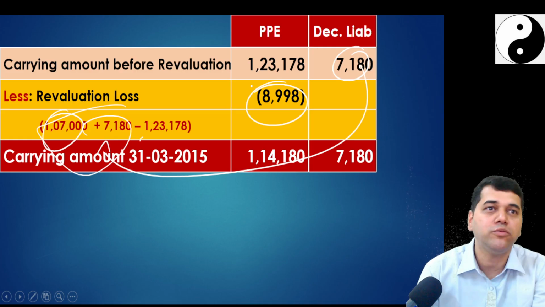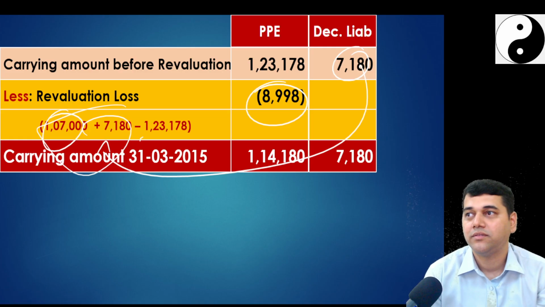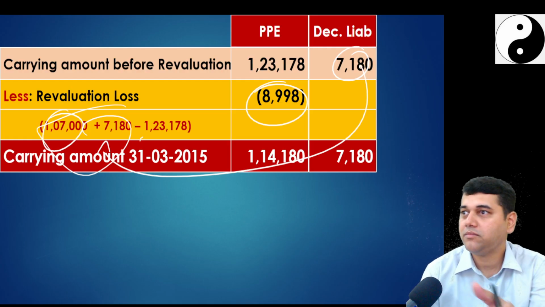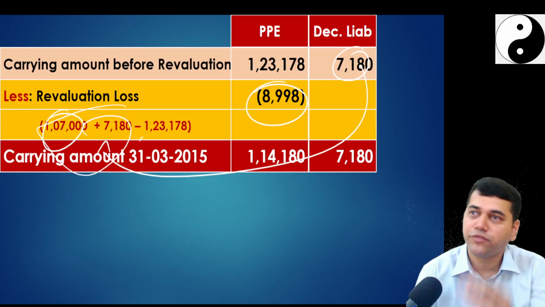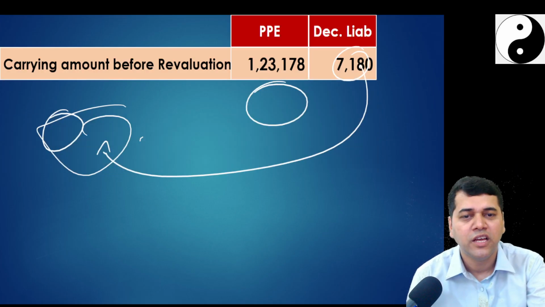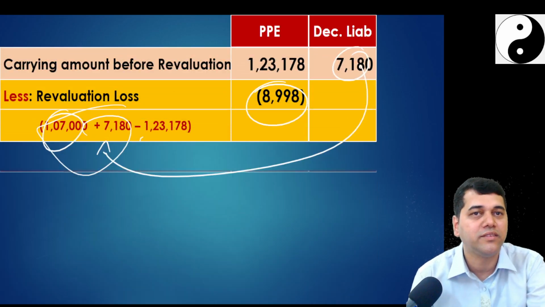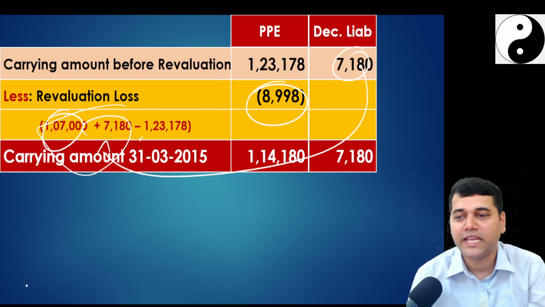Revaluation surplus to PPE. You will not take to P&L account. How can you take? Because already surplus is sitting, 15,600. Some revaluation surplus is there. Out of 15,600, you took only 5,000. Still 10,000 balance is there somewhere. So it's sufficient.